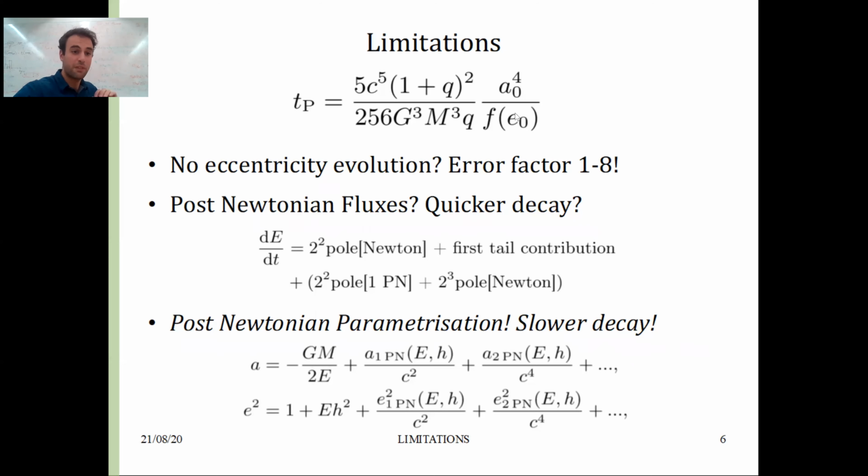And this alone, for very eccentric orbits, can bring about an error of a factor 8. And most of LISA sources will probably have moderate to high eccentricities, especially EMRIs that can have extreme eccentricities.